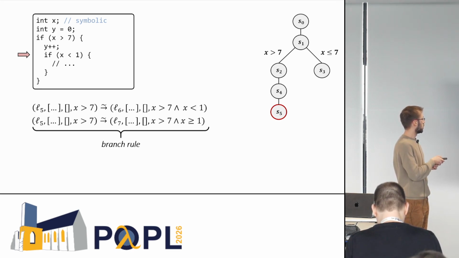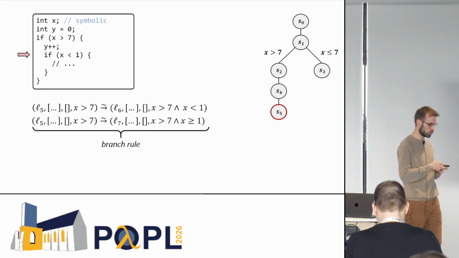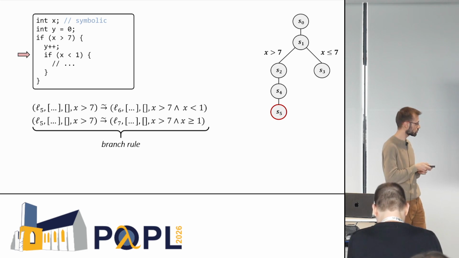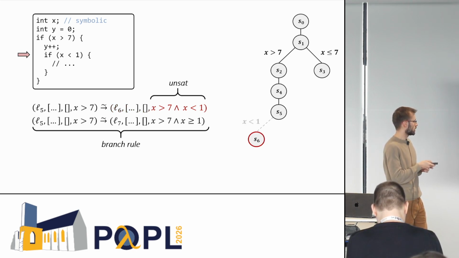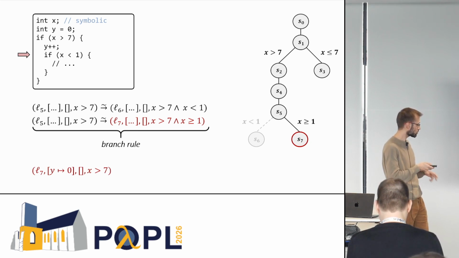Another example, so let's see what happens when we execute this branch instruction. We are in state S5, and it has two derived symbolic states. Let's start with the first one. Here you can see that the path constraints are unsat, so this state is invisible. And for the second state, we want to find a matching state in the tree, which will be S7, given here.